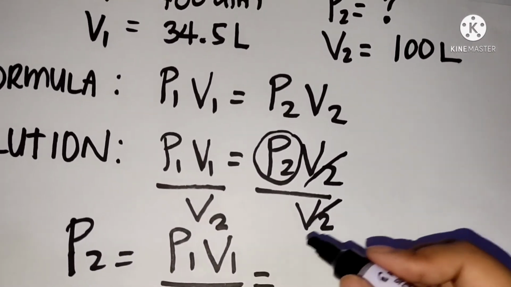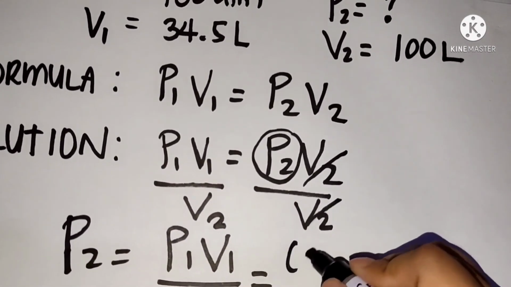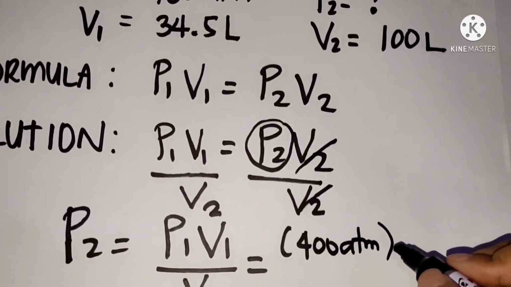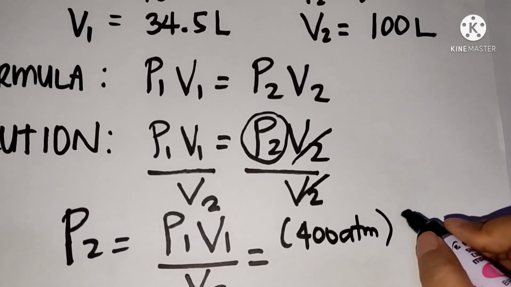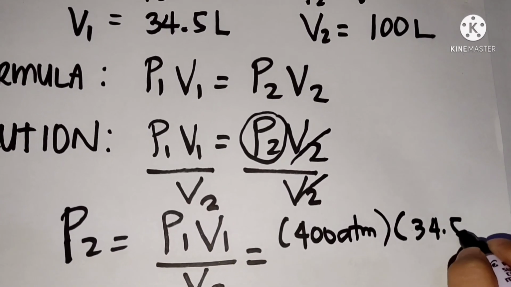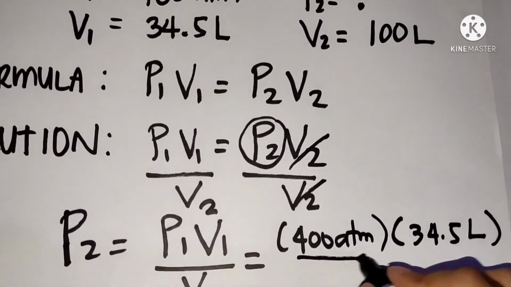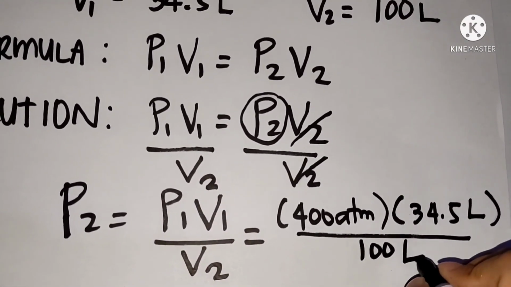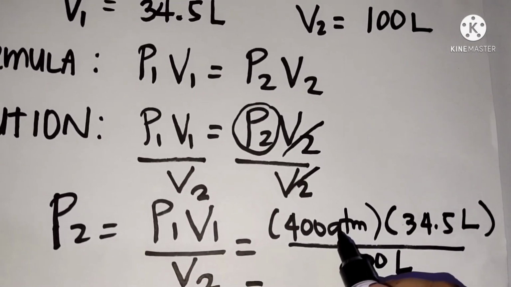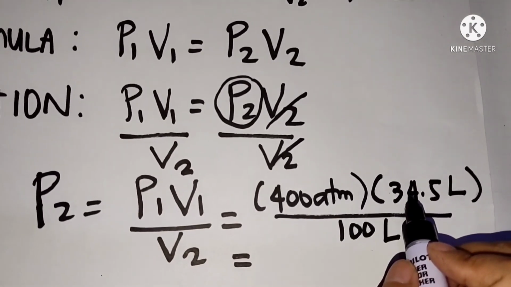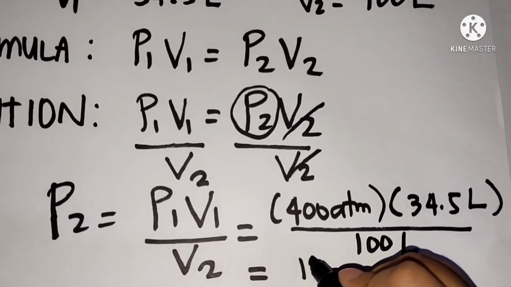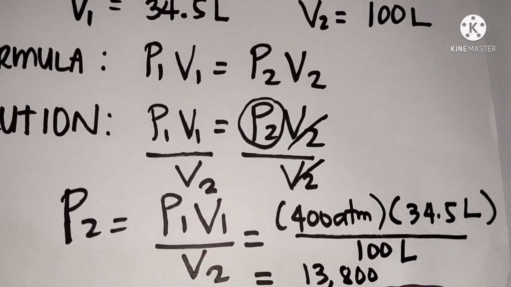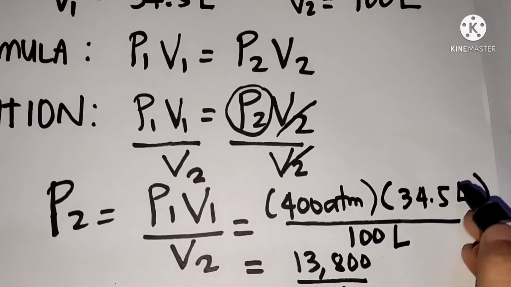Substitute the given. Our P1 is 400 atm multiplied by our V1, which is 34.5 liter, divided by our V2, which is 100 liter. 400 multiplied by 34.5, we have 13,800 divided by 100.